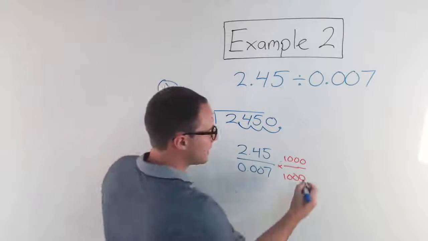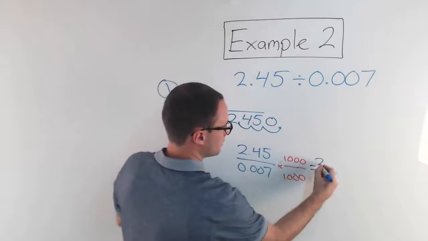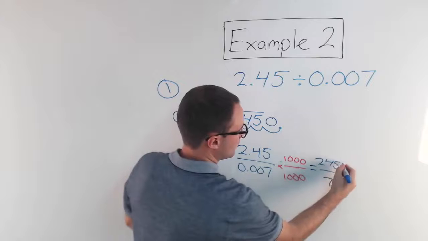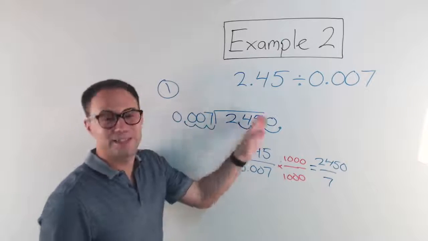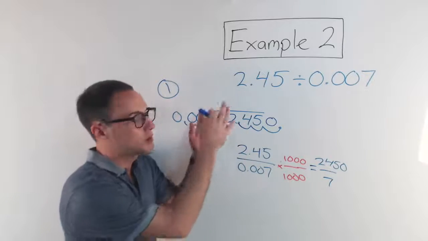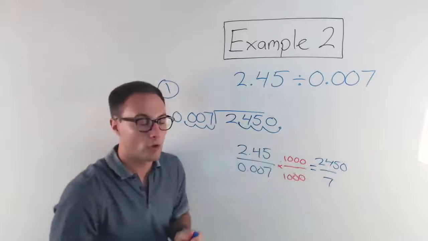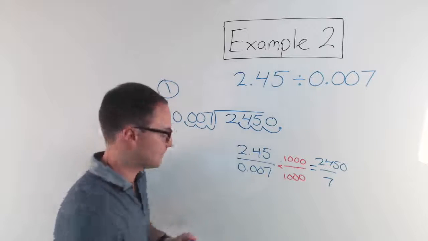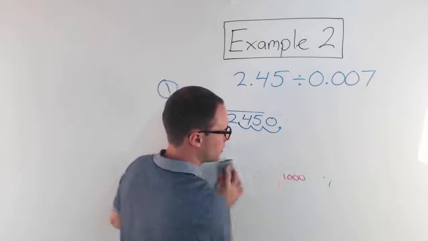So nothing's actually changing, and then that would become 2,450 over 7. So that's essentially what we're doing. We're not changing the problem. The quotient will still be the same. It just makes it much easier for us.